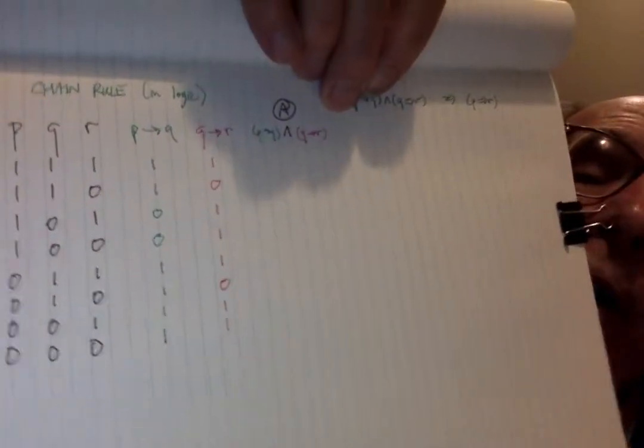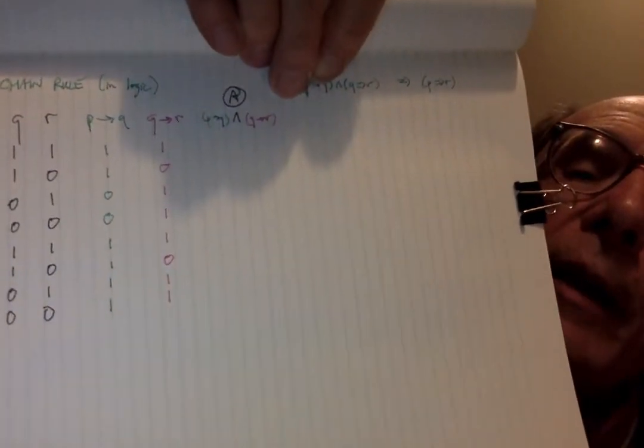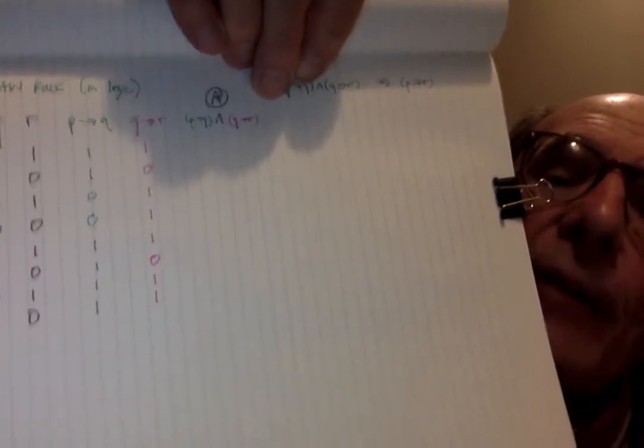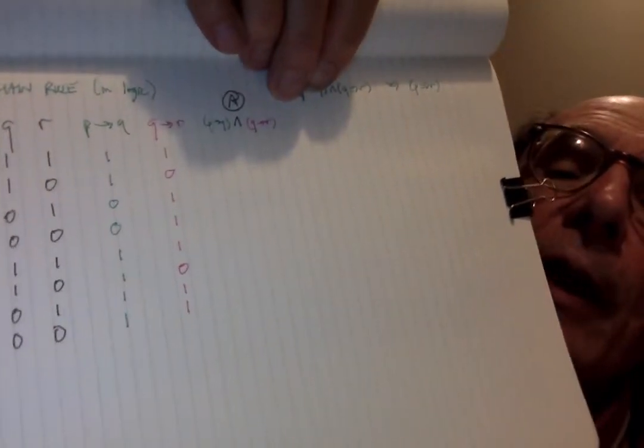Okay. Now I've pre-filled a column that I'm going to call column A. You'll see why in a minute, and that's going to be the AND of the previous two columns. So AND is true if both of the previous two columns are true. And so I'm just going to go down. So that means when I have 1, 1, like we have in the first row, that means the AND is true.